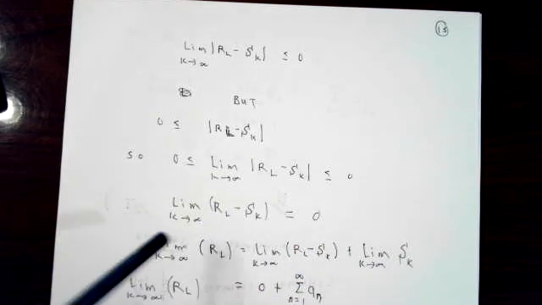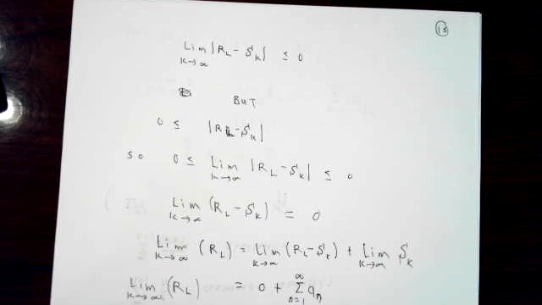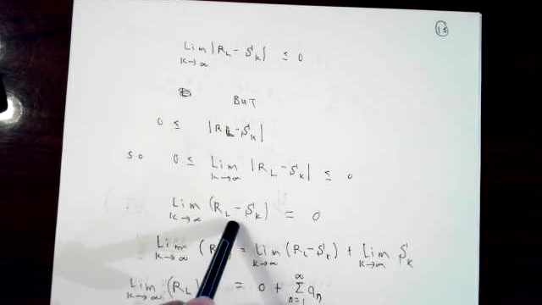This means that the limit of absolute RL minus SK must be 0. And early when we were talking about limits, we said if the limit of the absolute value of something was 0, that means the limit of the thing itself is 0.